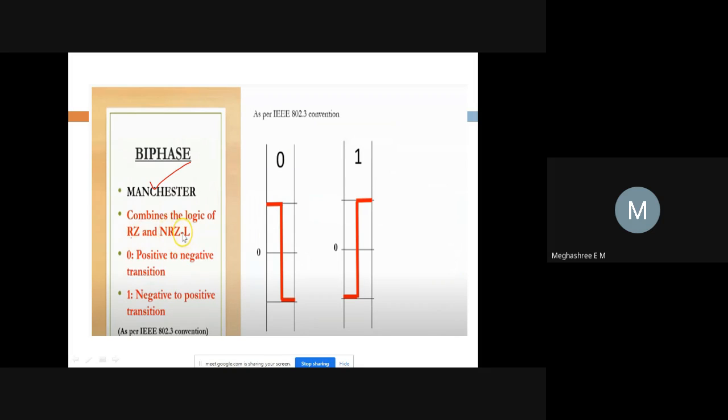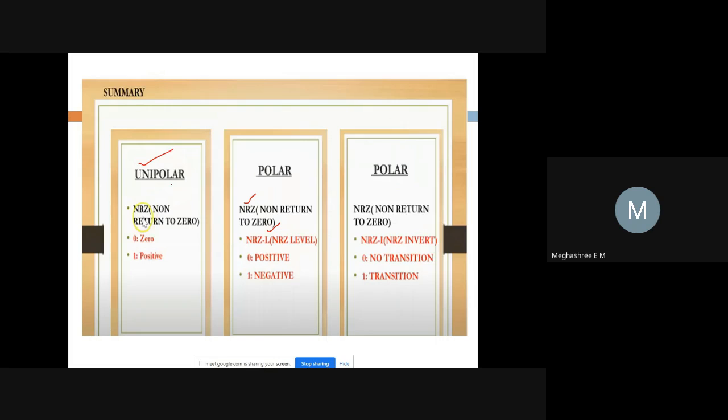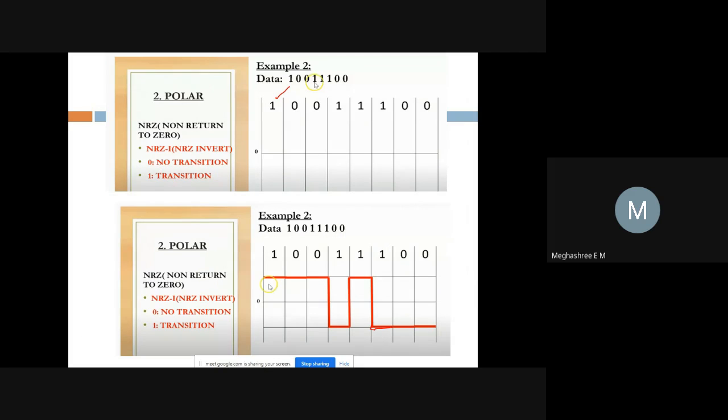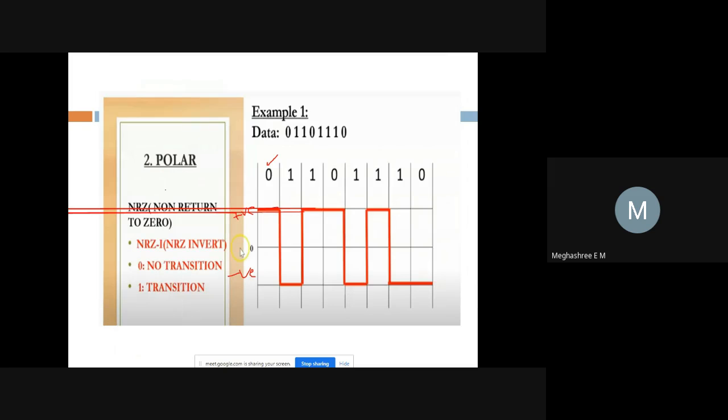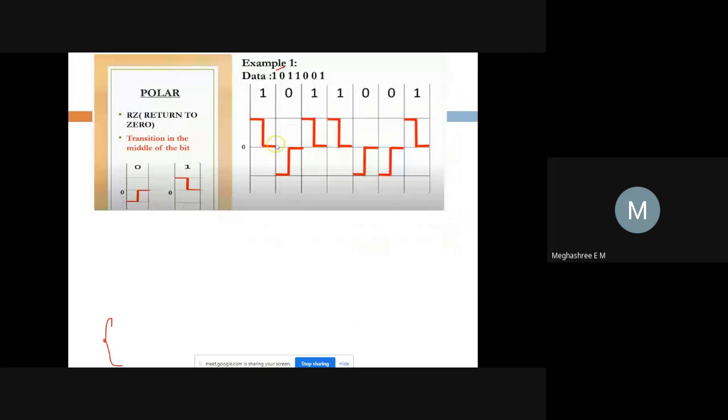RZ says what? There should be a transition in the middle of the bit, right? NRZ-L says what? 0 means positive, 1 means negative.